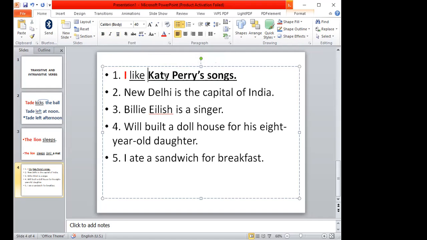So I like Katy Perry's song, or I can go further to say I remove this and I can say I like songs. You realize that after removing all of those things, I still have a direct interaction between my verb and my object. So this particular verb used here is a transitive verb.